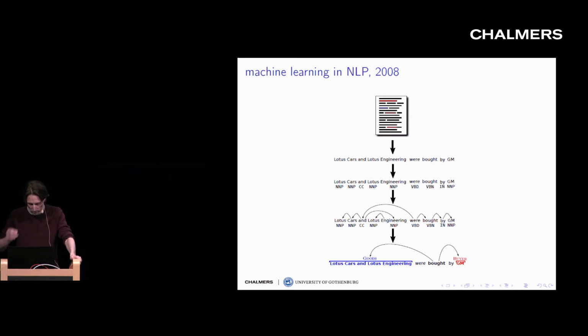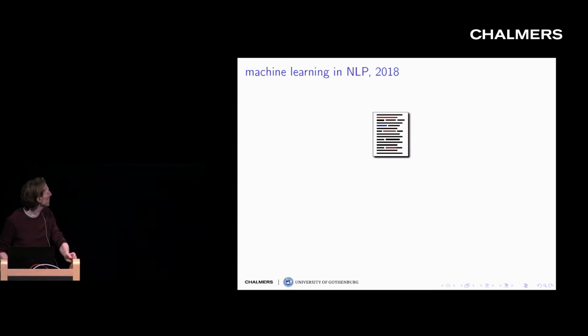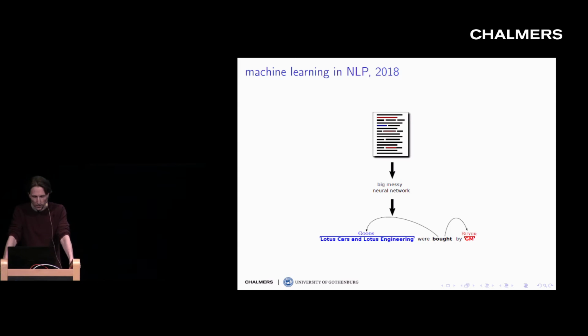So it turned out that this was all useless, because a few years after that, we stopped building systems in this way. So how do we do it nowadays? Nowadays it's more like that we try to build systems that solve the end task directly. So that instead of having all of these intermediate analysis steps, we would throw the text to some big ugly neural network, and it would spit out the end result directly.